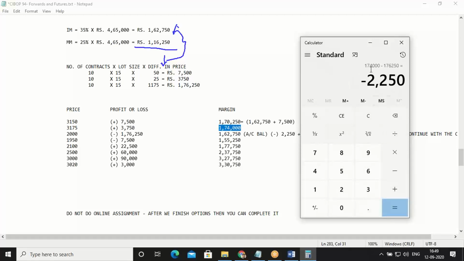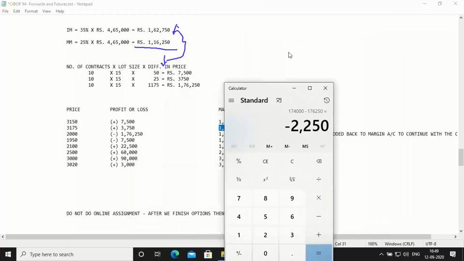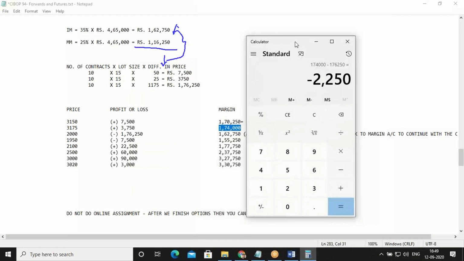So your account balance is now minus 2,250. Now, if you want to stay in this contract, you need to bring it back to the initial margin of 1,62,750. But since your account balance is already negative, how much more money will you have to pay? 1,65,000, and you'll come back to 1,62,750.